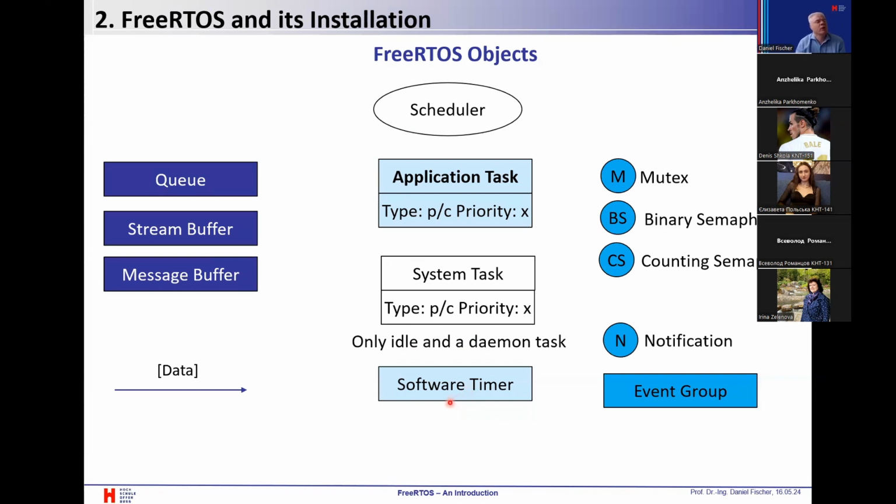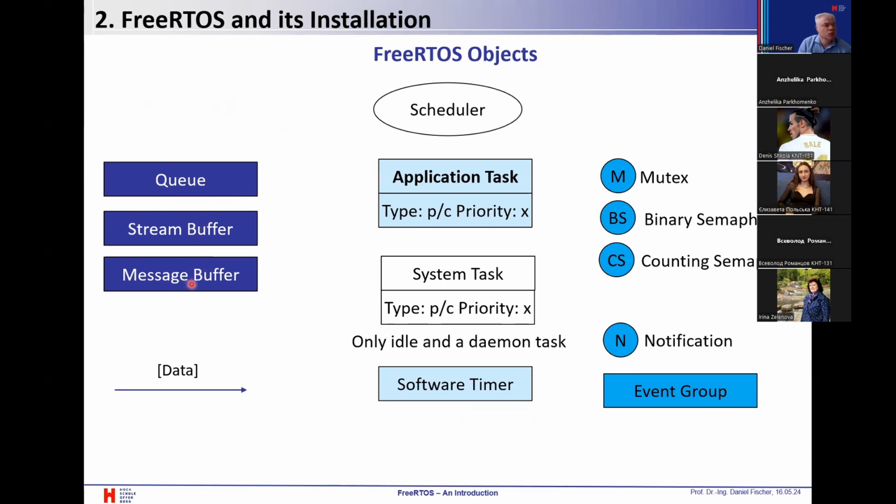Then you have queues. Queues are very, very useful. They are implemented in a very clever way. The queues avoid the shared data problem. So you can be sure, if you are using queues from different tasks, the data inside will not be corrupted.